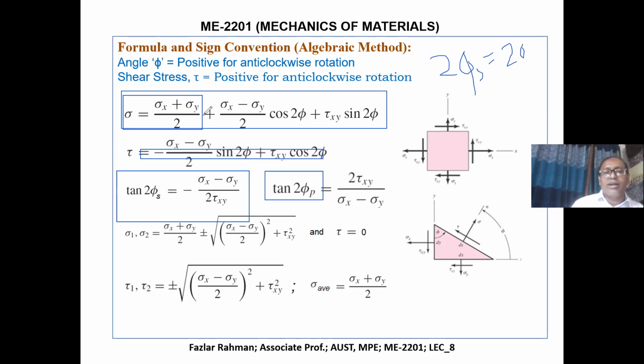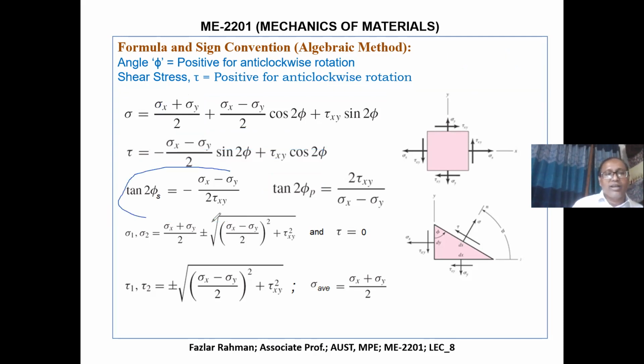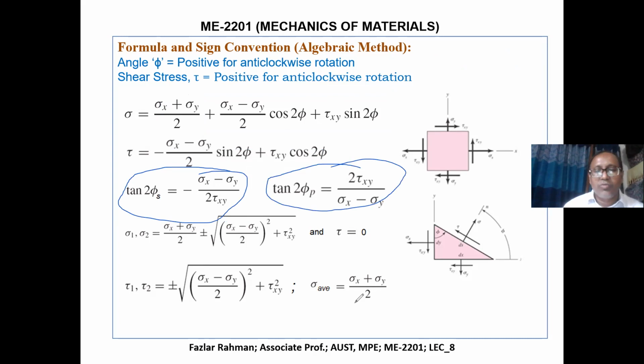When you put the 200, then you see sigma value is not changing. Sigma value is coming the same. And tau value, you will get the same magnitude, but opposite sign. Okay. Now, we need to see how we can derive these two equations. Okay. Now we will check it with math. So far, any question?